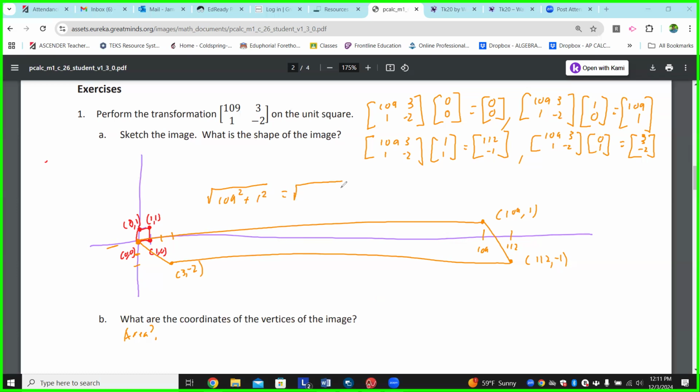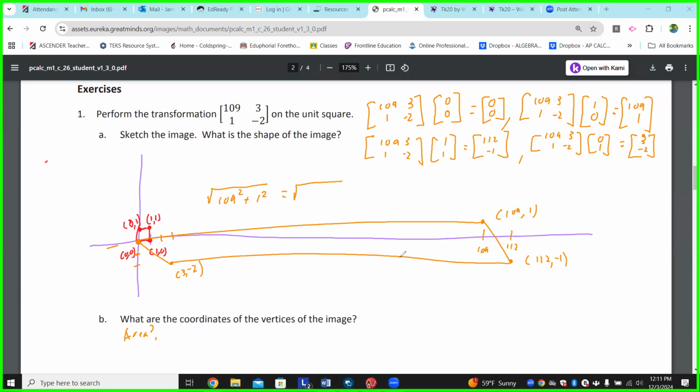On the top of y'all's head, what's 109 squared? Well, I know 100 times 100 is 10,000. So it's got to be more than that.